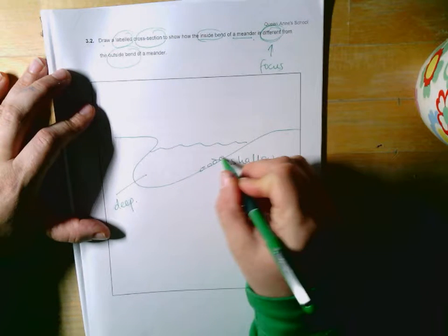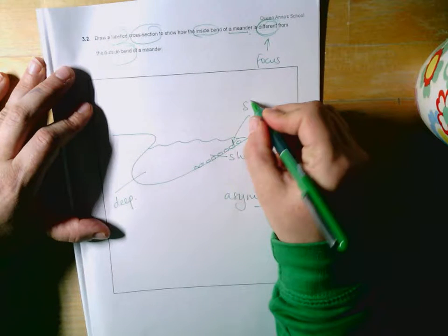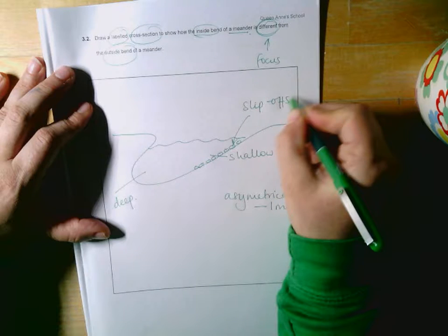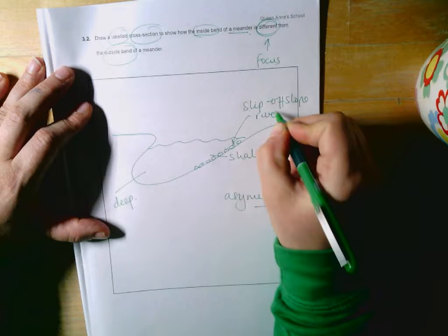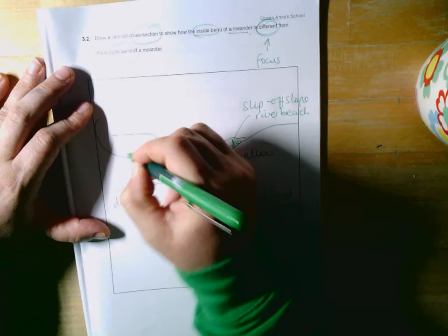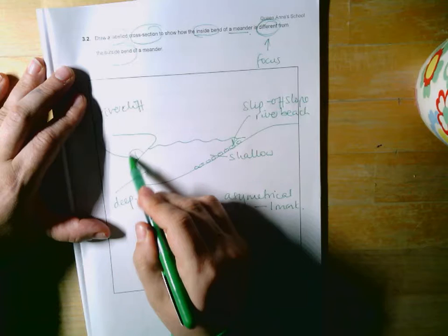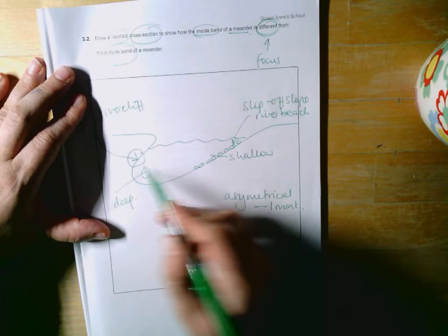This one can be called a slip-off slope, or you may have called it a river beach, either is fine, and on this side we have the river cliff. Notice that my arrows are touching the exact place that I'm talking about. If you don't do that, you don't get the marks.